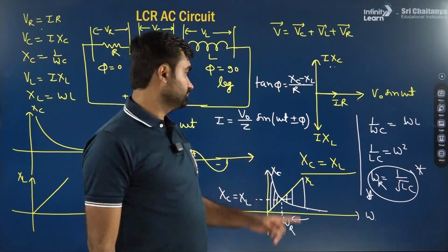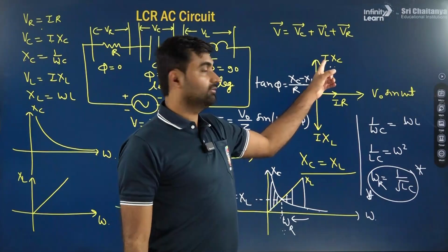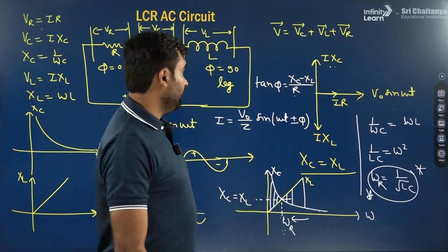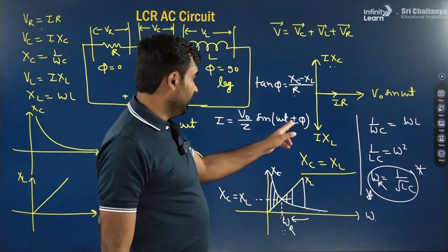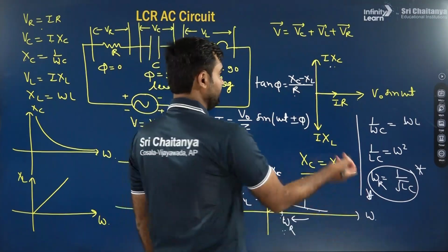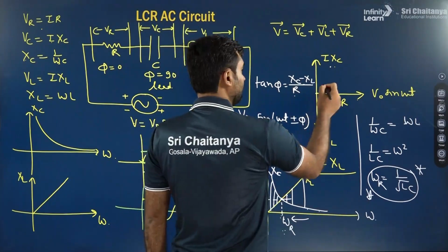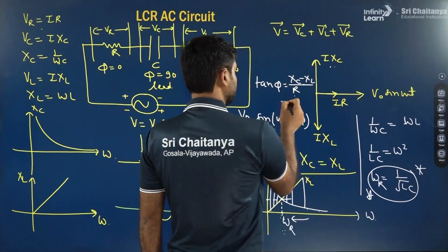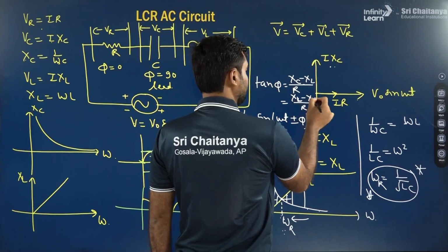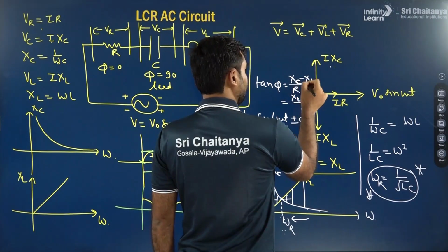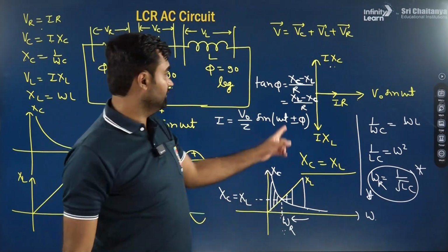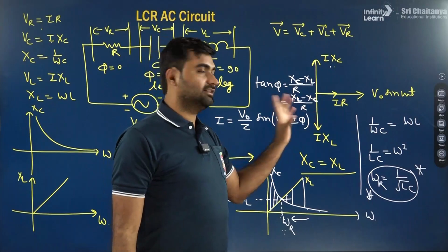When current will lead, that is, when XC is more than XL, then tan phi is XC minus XL by R. And if minus phi is there, meaning XL is more than XC, then for that case the tan phi formula will be XL minus XC by R. So if XL is more than XC, then tan phi is XL minus XC by R.